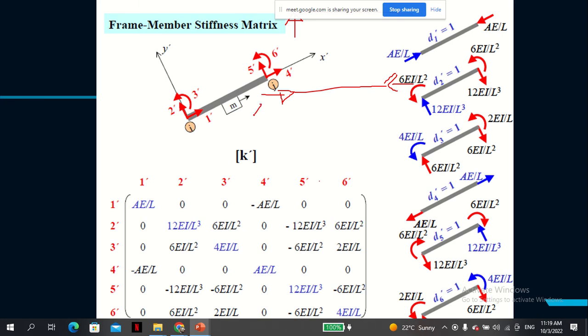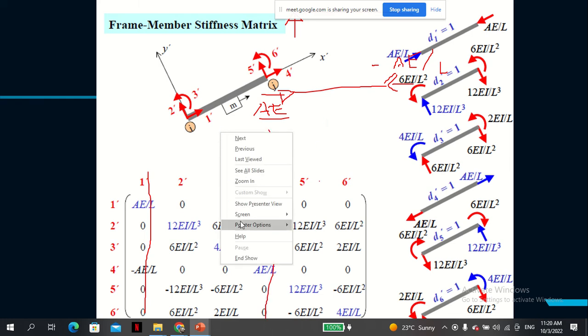So if this is AE over L, this must be negative AE over L. You ignore all those other ones because this horizontal force cannot affect the other forces. So that's the first thing. That's how you can see how these are derived.